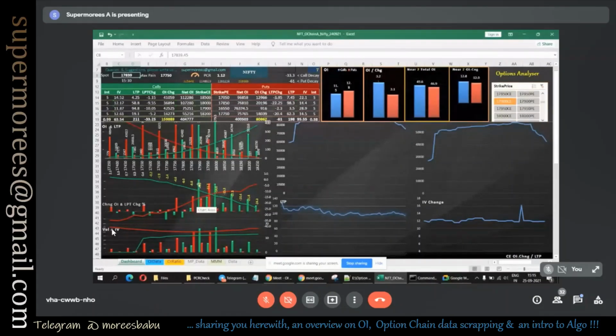Further, if you come down and look at the volume, it says we see more action happening on the call side. Since a lot of OI build-up is happening, we take it as more call writing happening, and that's how we see that 17,900 will act as one of the resistances, the closest resistance that we have.